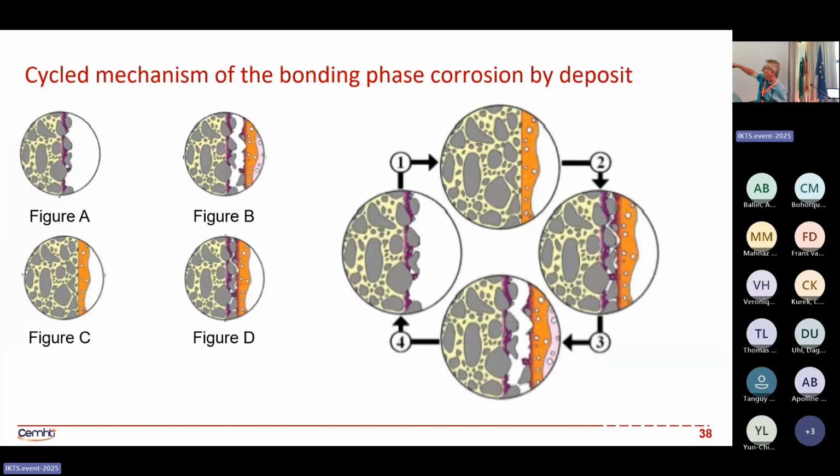That means that the next time a new deposit is applied here, it will react not only with a sound tile, but also with a tile containing all the oxides which have migrated before, accelerating the damage.